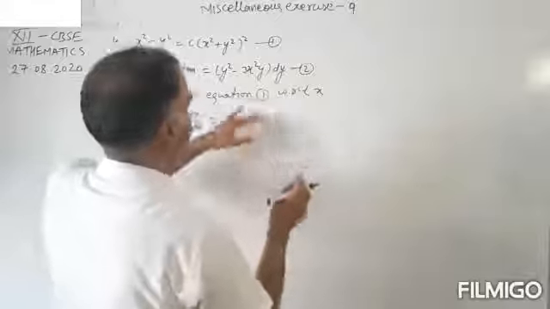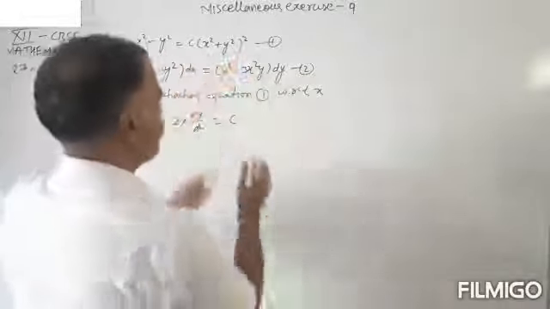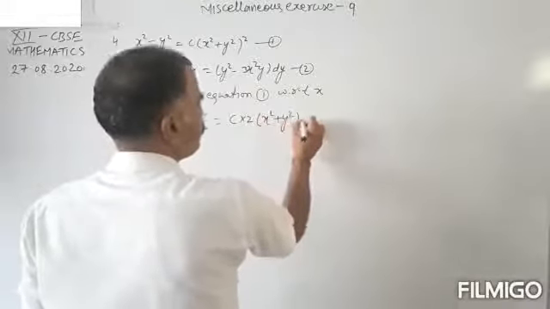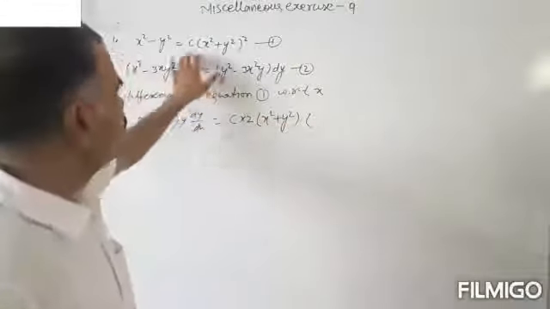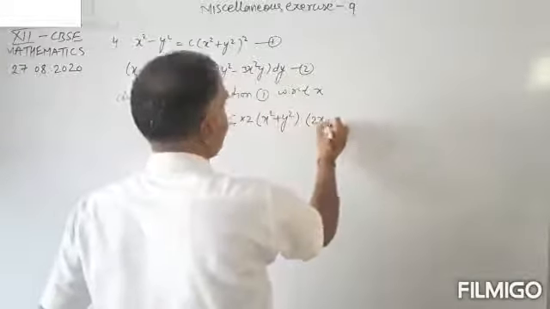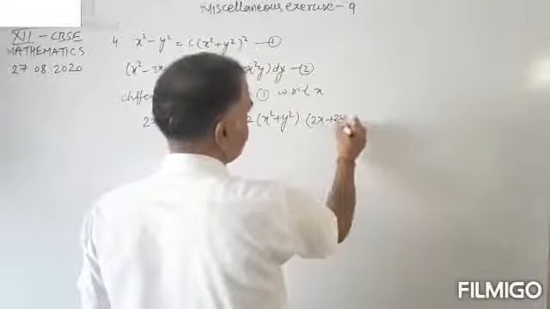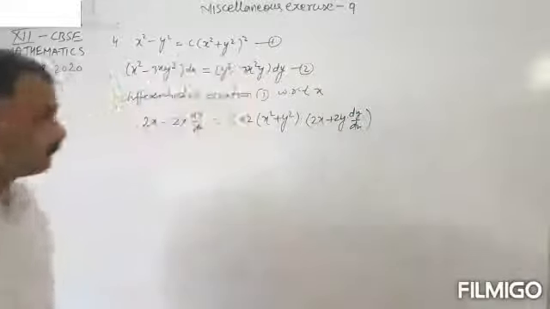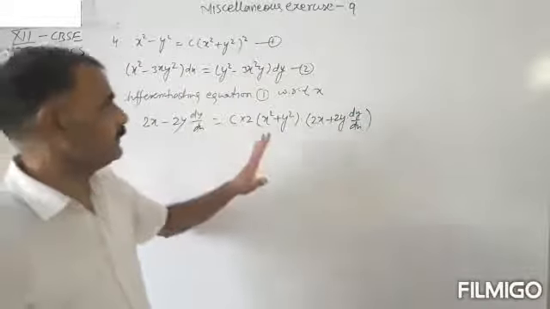First we differentiate the square, that is 2 into (x square plus y square), then we differentiate x square plus y square. Differentiation of x square is 2x plus differentiation of y square is 2y dy upon dx. So this is the differentiation.